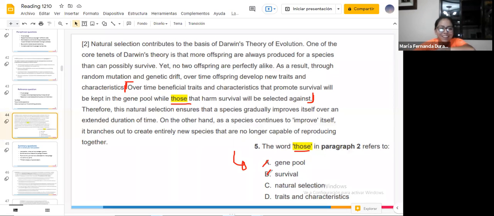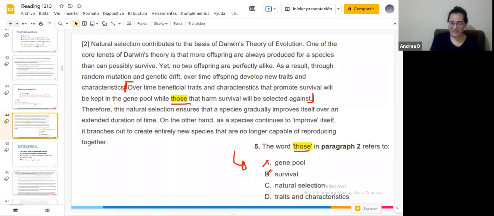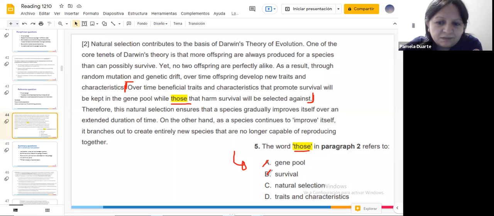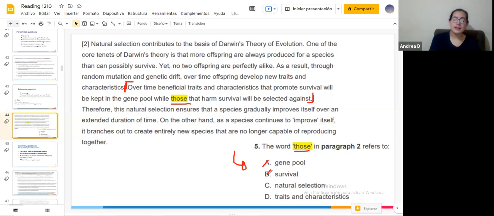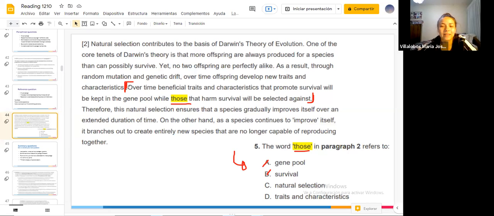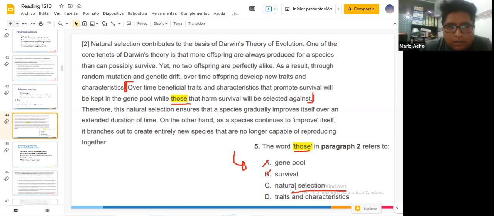I don't know if it's correct. Okay, I like that reasoning. But which one will it be then? I would choose natural selection. Okay, but natural selection is not even in the sentence, right? I think I'll say the last option, D, because those is plural, and in the last option it's traits, plural, and characteristics, plural too, maybe.